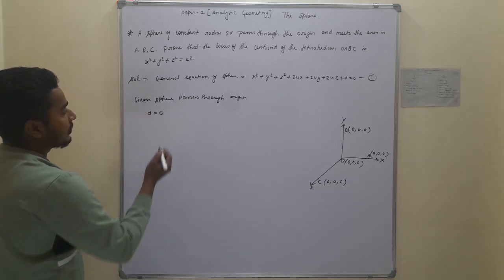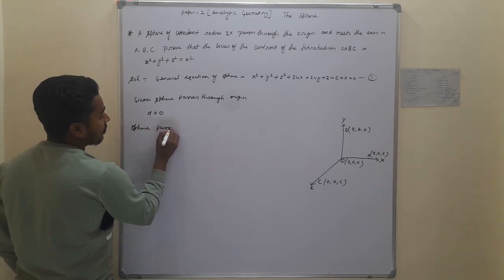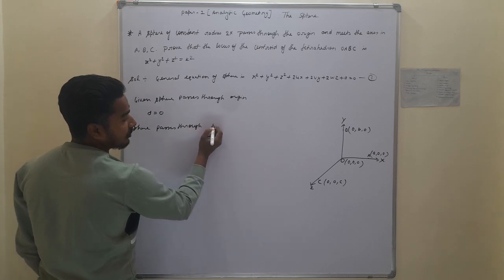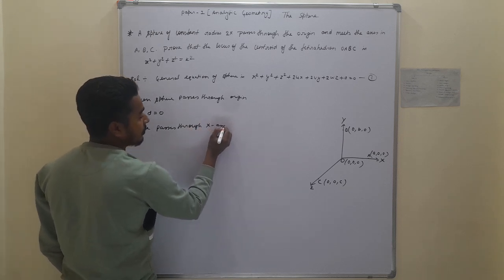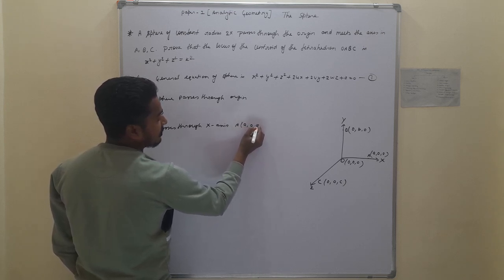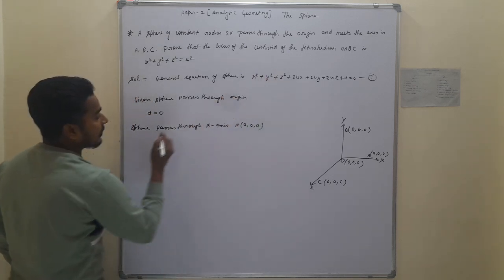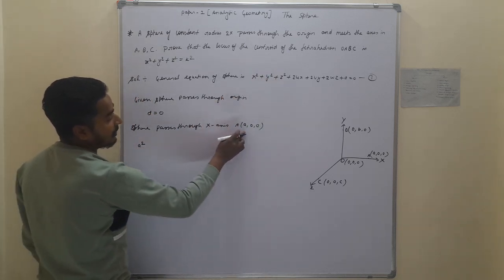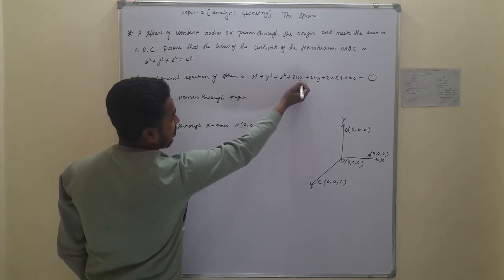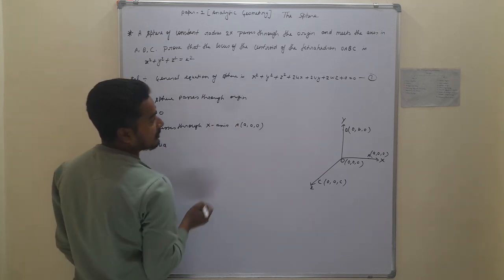Further, the given sphere passes through the x axis. The coordinates on the x axis are a, 0, 0. Putting these in the given equation 1, we get a square in place of x, with y and z equal to 0, plus 2ua, and the remaining portion is 0.